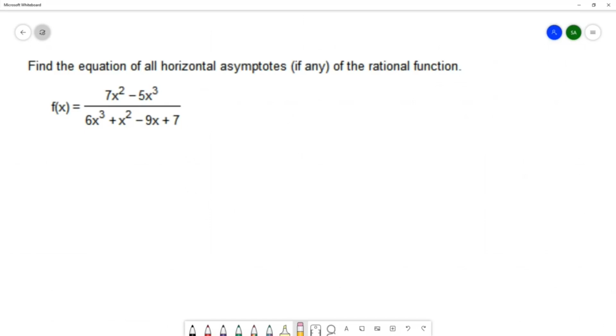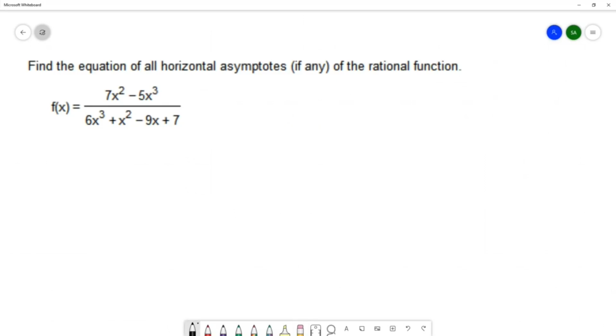So when we're finding horizontal asymptotes, as we've said before, the math behind finding horizontal asymptotes involves an operation called a limit, and that is a calculus concept. Now, since we're in an algebra class, we're not going to do the calculation. The rules have been summarized for us into 4 cases, and we're going to find the horizontal asymptote with a little bit of memorization of what those cases are.